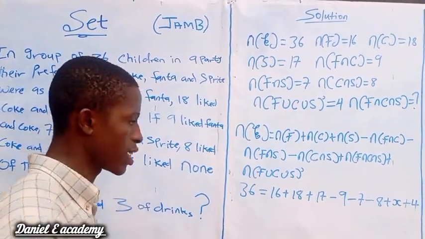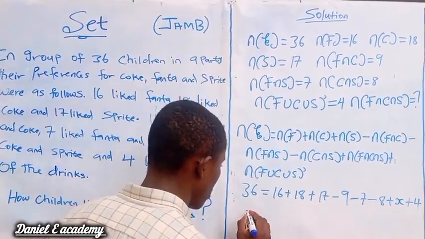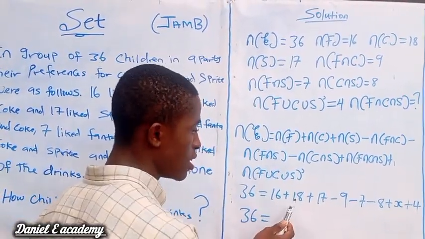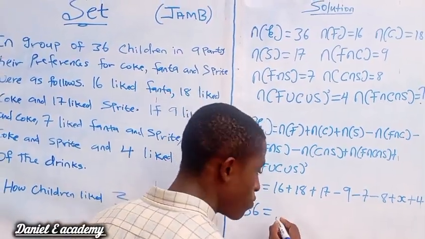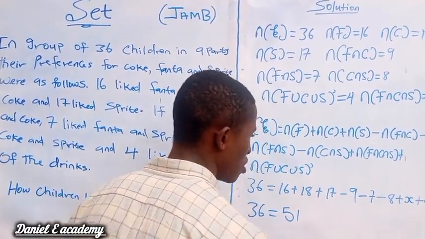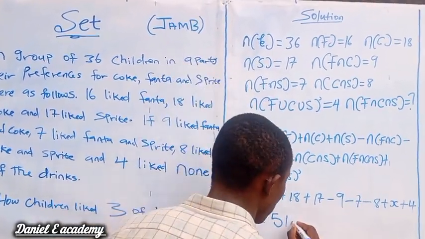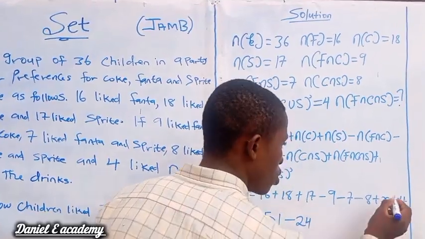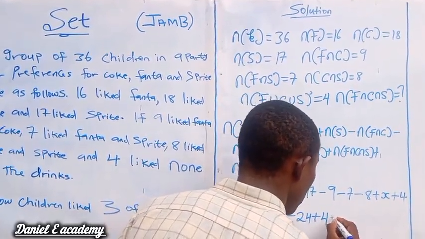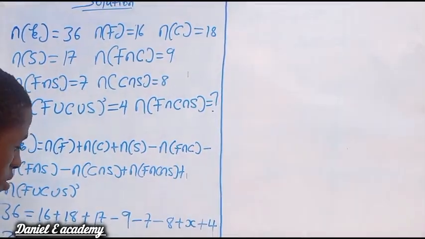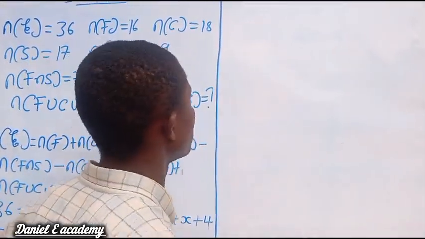So we can sum them now. 36 will be equal to 16 plus 18 plus 17, which gives you 51, minus 9 minus 7 minus 8, which gives you minus 24. You can bring out the 4, then plus X. 51 minus 24 plus 4 is 31.